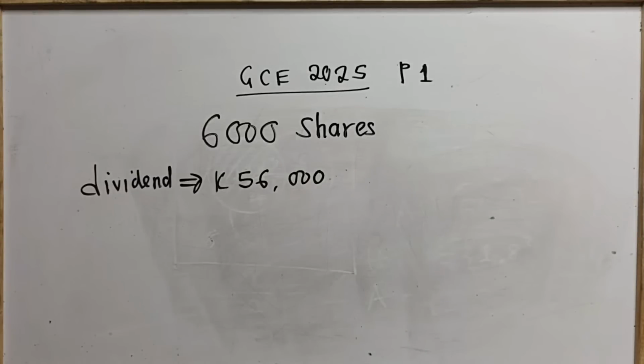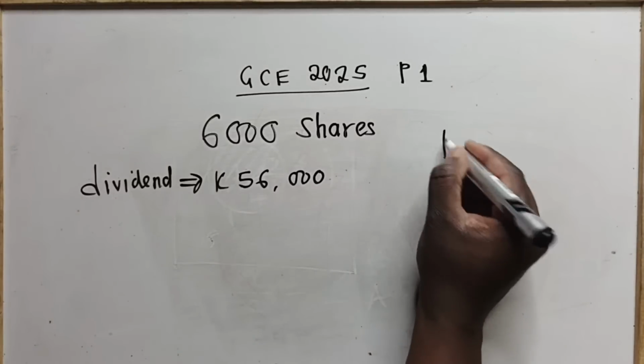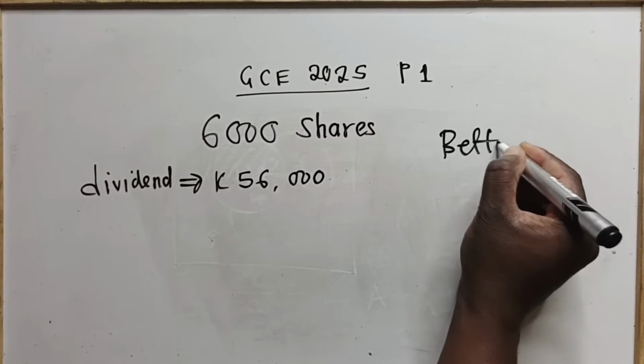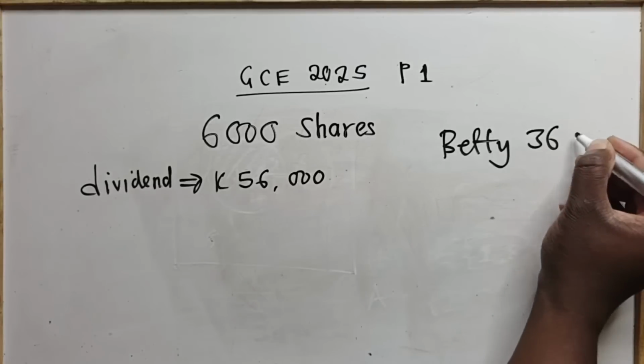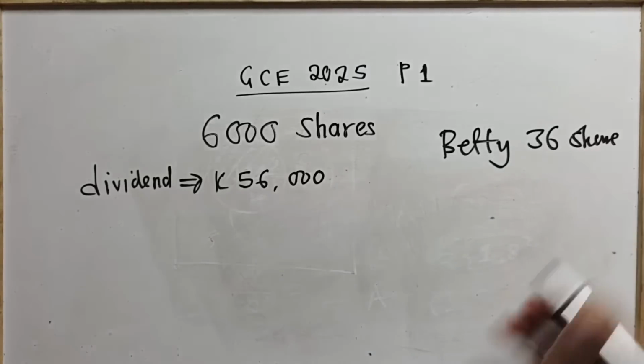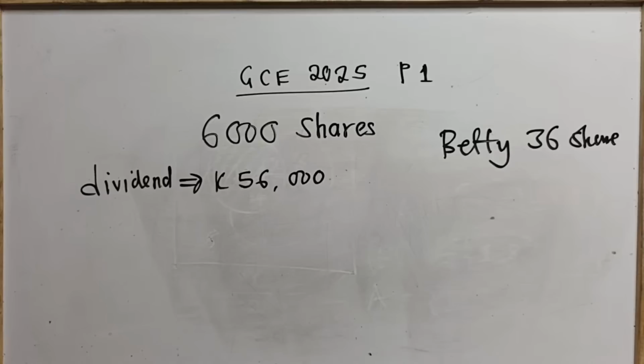And then it continues, what amount will Betty receive for 36 shares? So Betty had 36 shares. How much is Betty going to get?